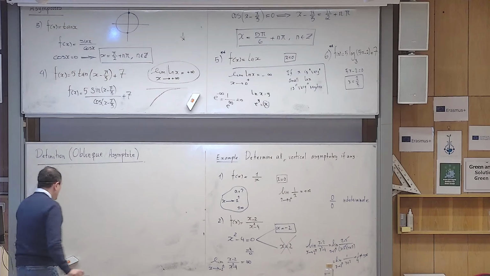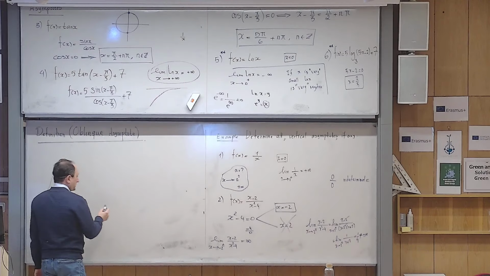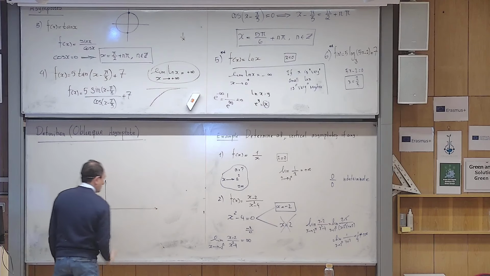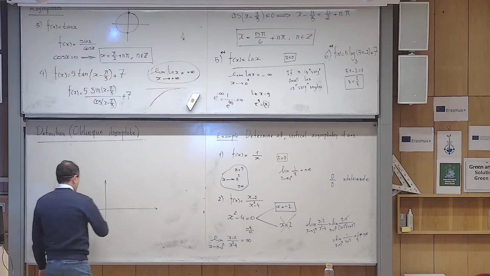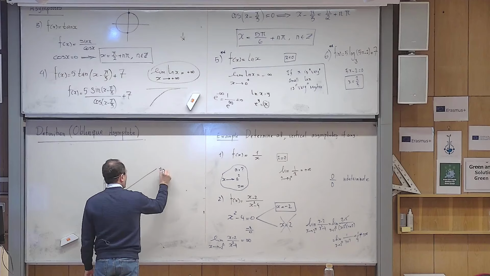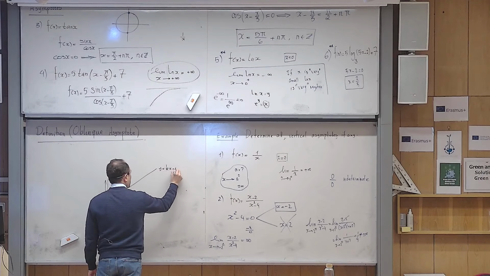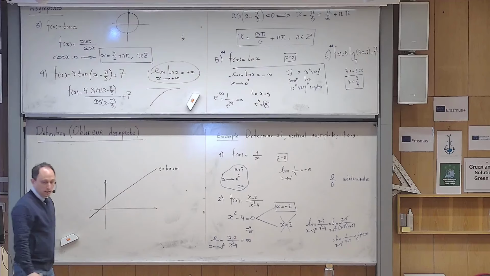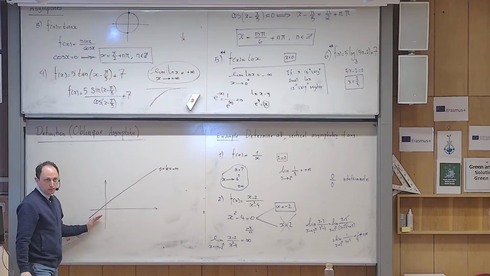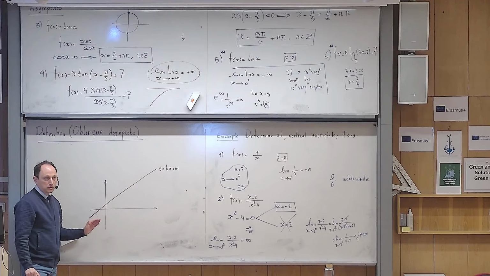So you understand the asymptotic behavior. If I have this coordinate system, and let me draw this oblique line, let me call it y equals kx plus m. It's an oblique line. When you say that this is an asymptote for your function, what kind of behavior do you expect around this line?